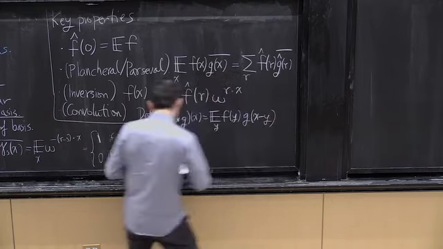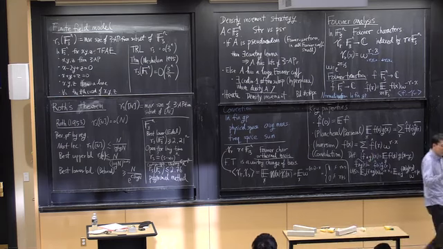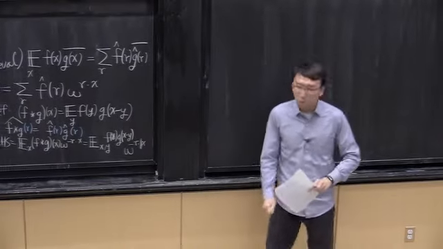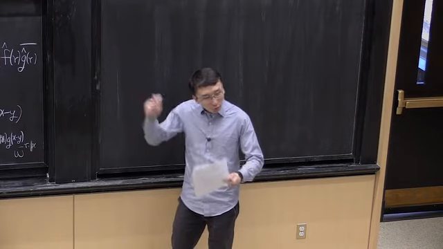Okay. And now you can do a change of variables, and then it's not hard to see, you eventually end up at the right-hand side. Okay, so these are some of the important properties of the Fourier transform. Whenever you learn about the Fourier transform, you always see these few properties. And so we'll use them.